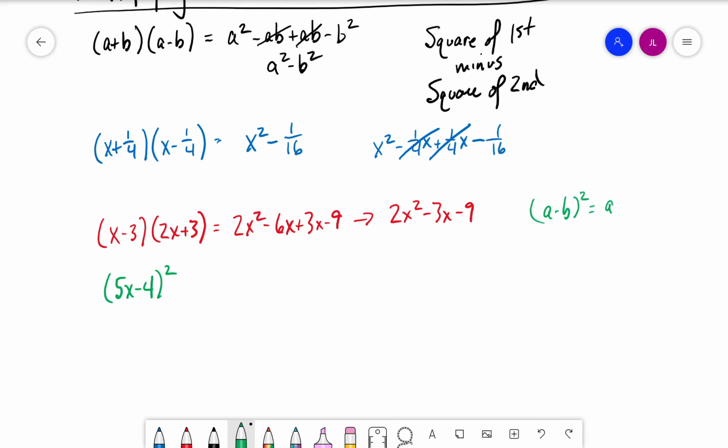Now we have a squared as the first term, and then minus 2 times a times b plus b squared. So a squared, well, we're looking at 5x. 5x times 5x is 25x squared. So there's our first term.